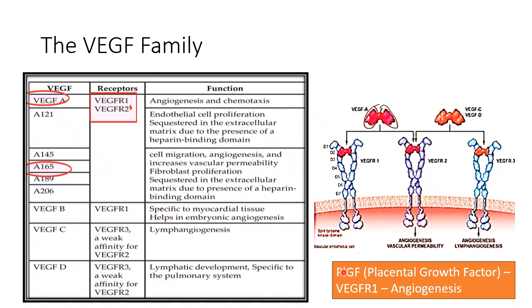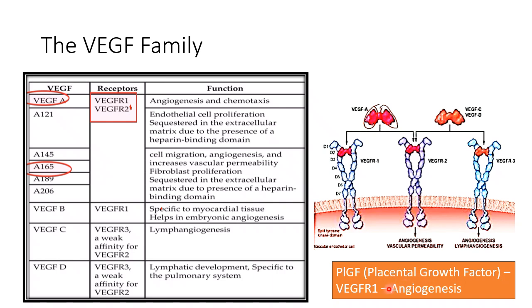Now there is one more factor, placental growth factor or PlGF. This also acts on VEGF receptor type 1 and also stimulates angiogenesis. Since it is not mentioned in the table, I've cut the table and mentioned it separately here.